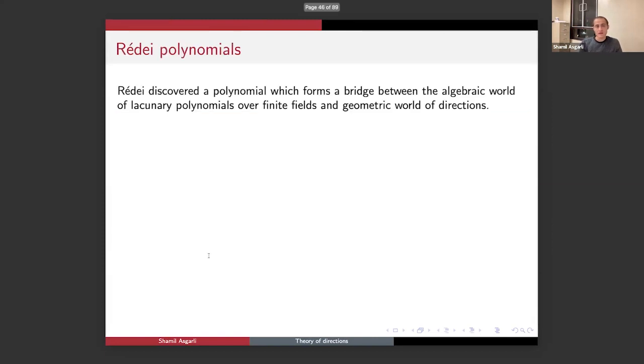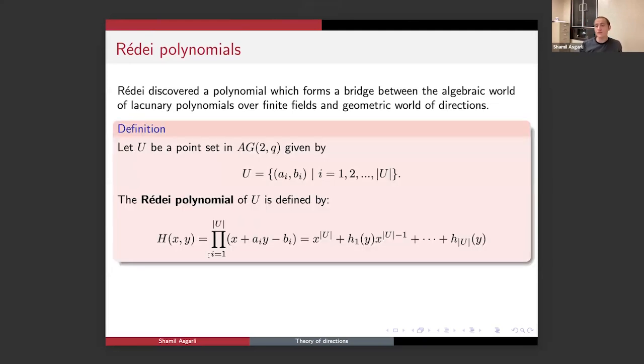Okay, so now let's talk about a very important algebraic tool that Rédei came up with. Rédei discovered a special polynomial which forms a bridge between the algebraic world of lacunary polynomials over finite fields and the geometric world of directions. So how do we connect the two worlds? Here was Rédei's idea.